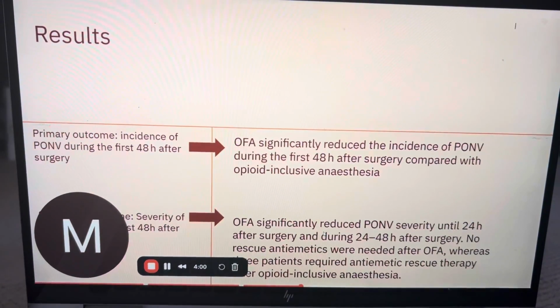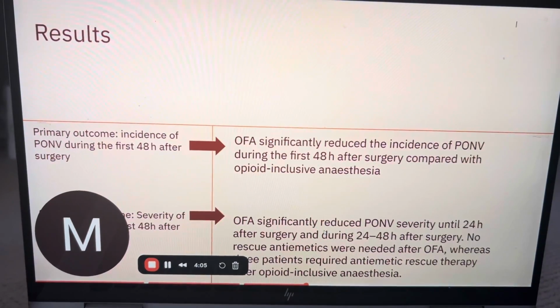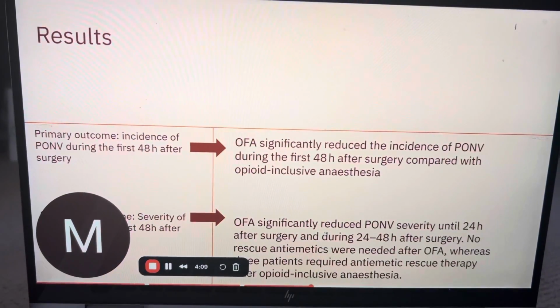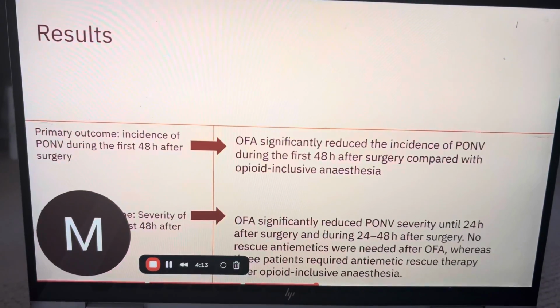When looking at the primary outcome, the results of this study show that opioid-free anesthesia significantly reduced the incidence of postoperative nausea and vomiting during the first 48 hours after surgery compared with the opioid-inclusive anesthesia.